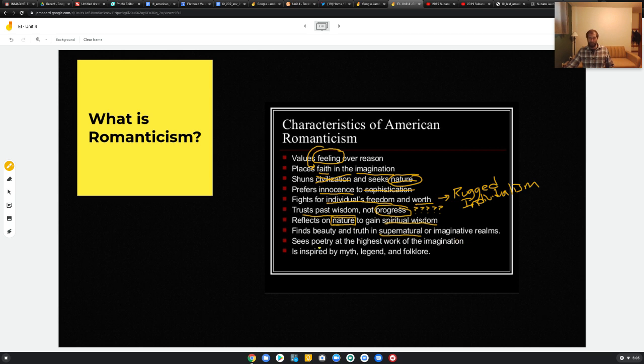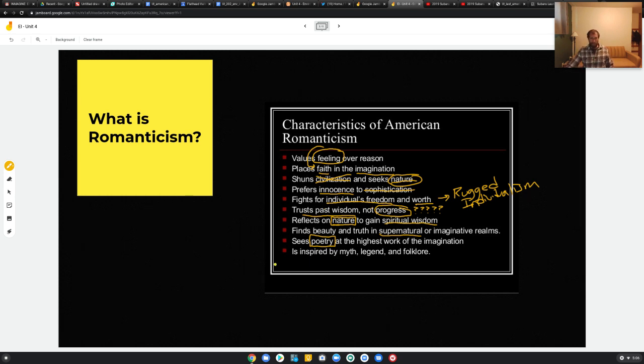Sees poetry as the highest work of the imagination. This won't be as important to us in this class, but poetry, especially for those of you who know your British poetry, the Romantic Lake District poets, Wordsworth, Coleridge, they love poetry, and they're poets, but at the same time, poetry by a whole generation of people will be highly sought after and respected and regarded.